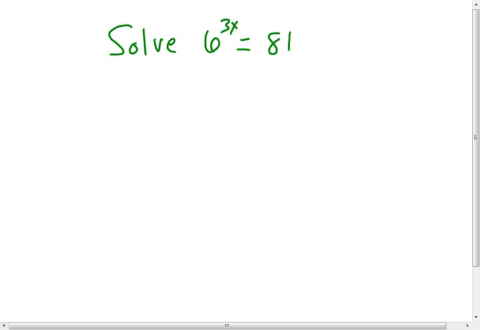The last type of problem is to solve using logarithms. And when we're solving, we're trying to find the x, or we're trying to find the exponent. So we use logarithms on both sides, set them equal to each other. So log of 6 to the 3x equals log of 81. Remember, anytime you write it as a log with an exponent, you move the exponent to the front.